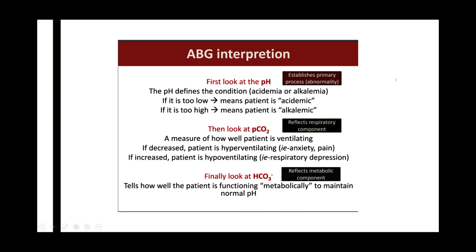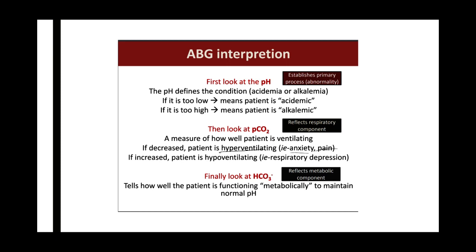Okay, so the first and easiest thing to do is look at the pH. So it's acidemic, high alkalemic. Then, and the order is important to this too, as you'll see in my next slide, look at the CO2, a measure of how well the patient is ventilating. If the PCO2 is decreased, that means you're blowing off too much CO2, so we have a case of hyperventilation, like anxiety or pain.